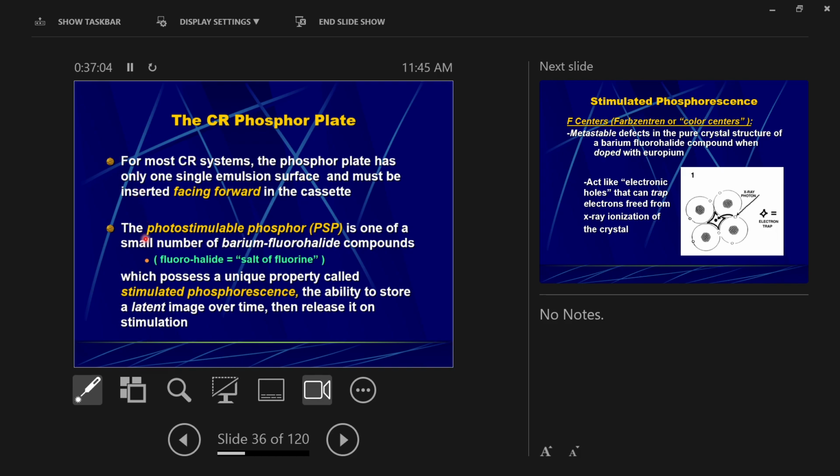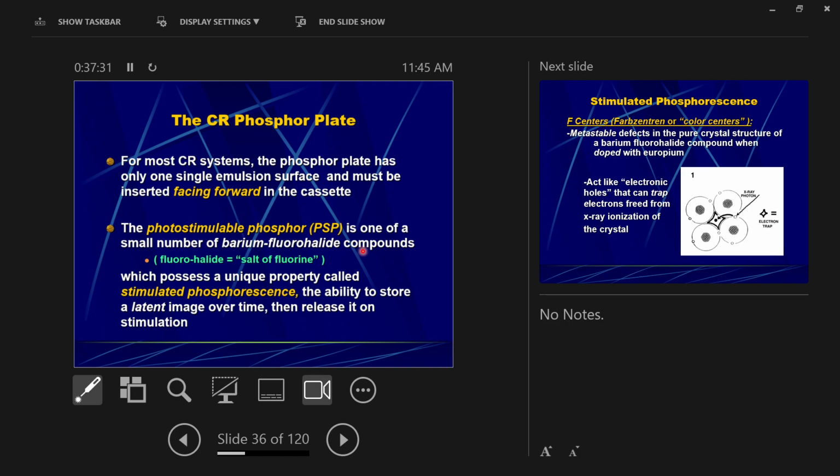The layer that captures the X-rays, stores their energy, and then later emits that energy as visible light is called a photostimulable phosphor. And it's made of, because this is the section where we have to remember all the different chemicals that make up these detectors, barium fluorohalide. That's the detector.